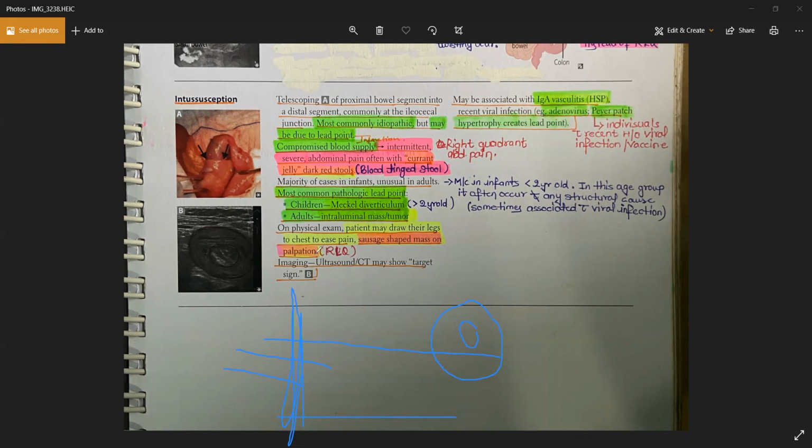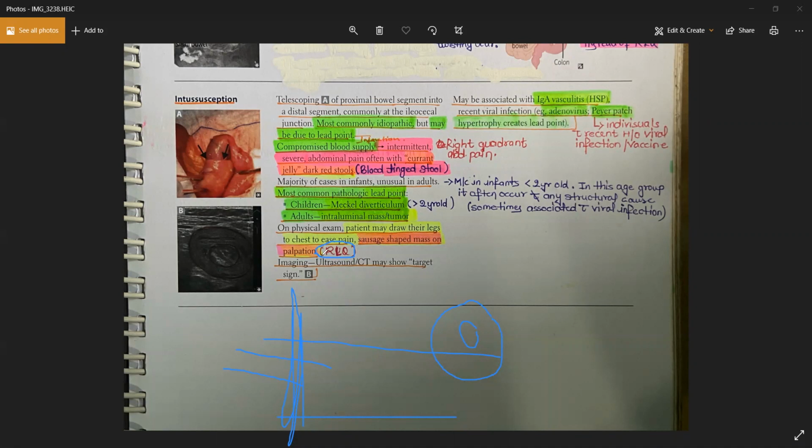The pain will be the right lower quadrant pain, because most of the time the most common location for the intussusception is the ileocecal junction. Can anyone tell me why the ileocecal junction is the most common location? Size between the ileum and the cecum. Yes, the cecum is much more dilated than the ileum.